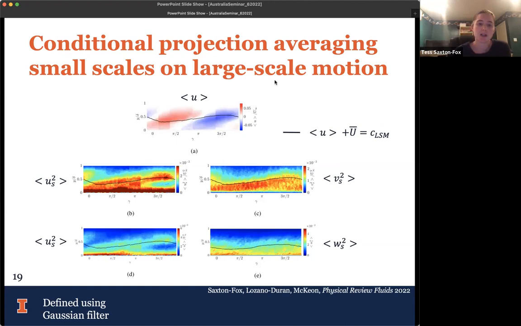Up top, I've done this for a model of a large scale motion, which means I'm placing this in the outer region, the wake of our boundary layer. The convection velocity associated with this model is 0.8 U infinity, which means it's up pretty high. And we can see that what we get back in the averaged streamwise velocity field looks like our model, which is not a surprise.